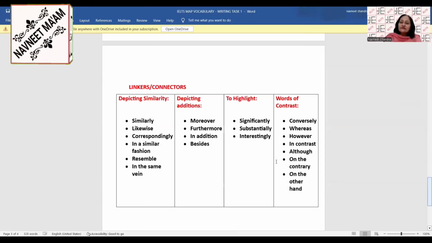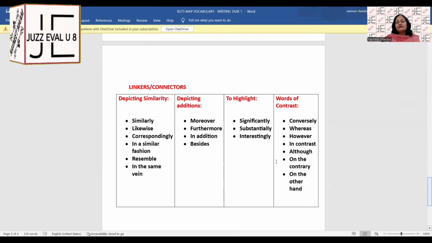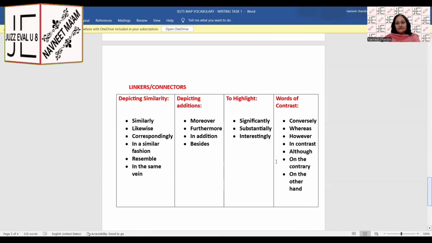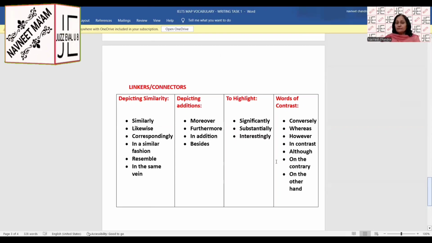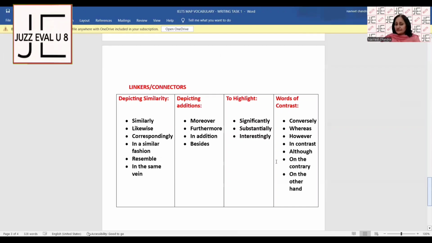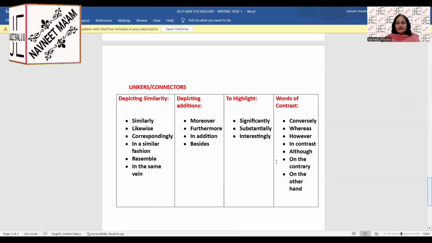Now, what all connectors can be used here to link the various sentences so that everything comes in a cohesive manner? Now, if you want to depict similarity, so these are the words: in the same vein, similarly, likewise. You can see it all here.